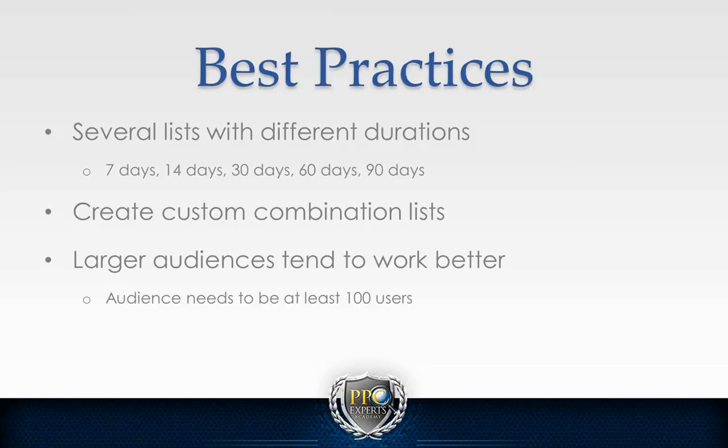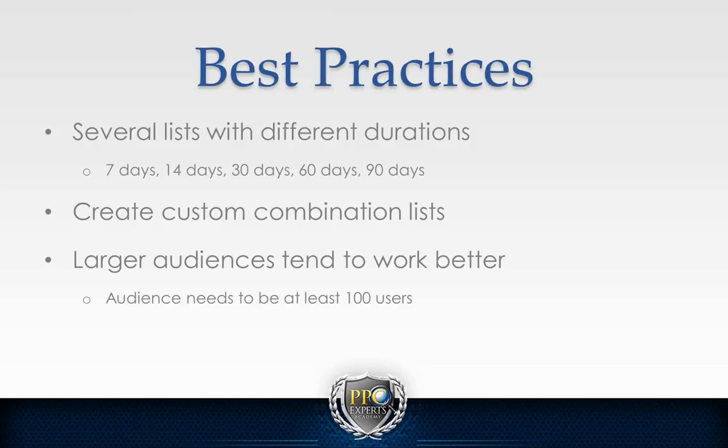You also want to create several lists with different durations. Maybe you have an abandoned shopping cart list. You want to have an abandoned shopping cart list for people that abandoned within 7 days.